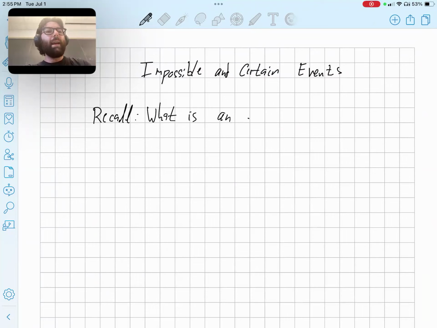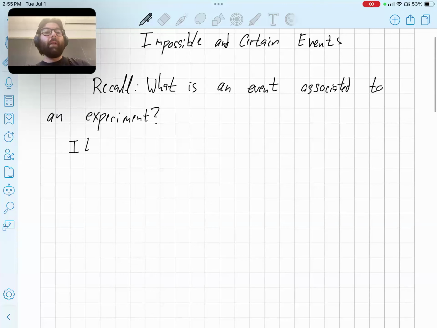what is an event associated to an experiment. Well, the answer is it's a subset of the sample space.